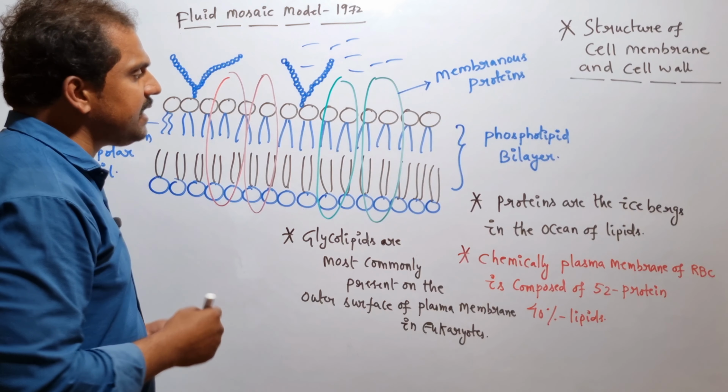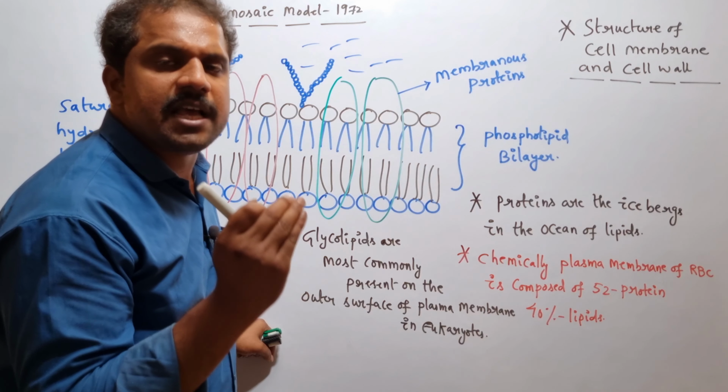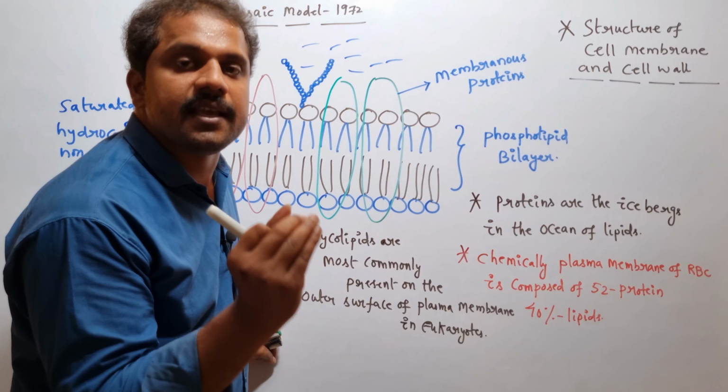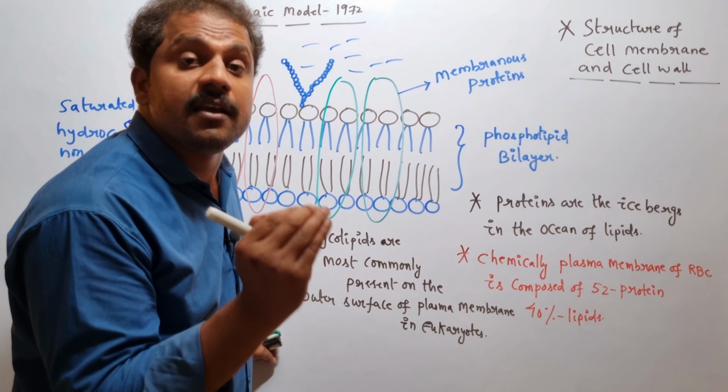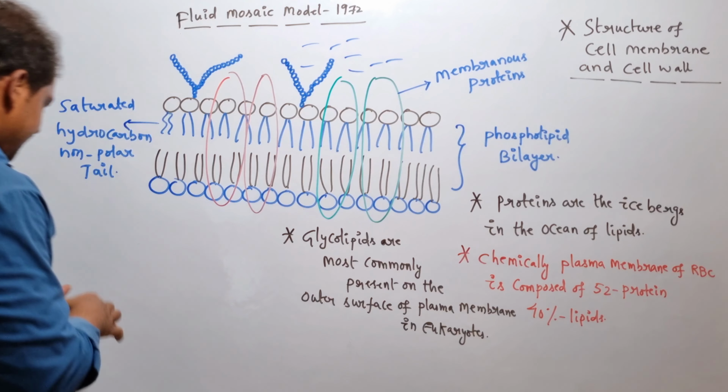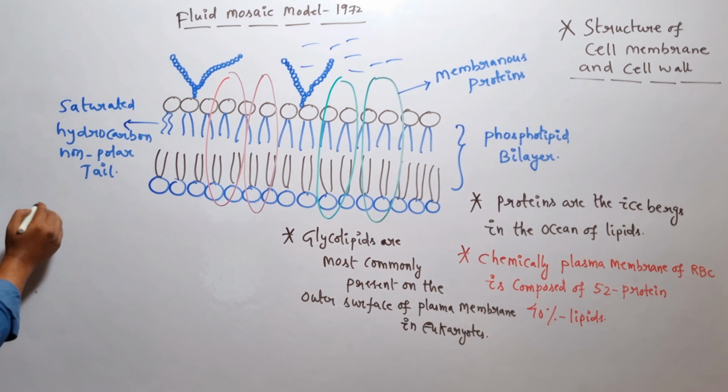And the fluid nature of the cell membrane or plasma membrane plays an important role in organizing various activities like cell growth, cell division, formation of intercellular junctions. Is it clear? And even in case of endocytosis.